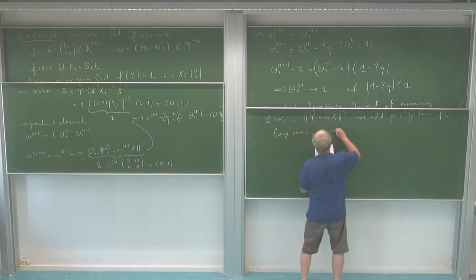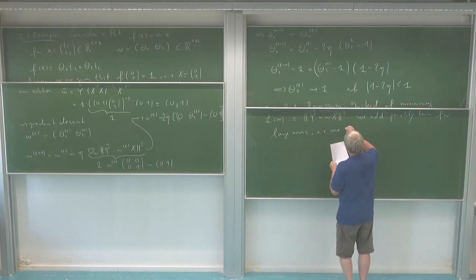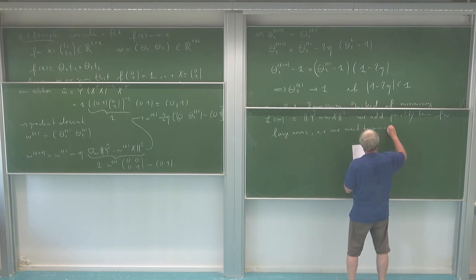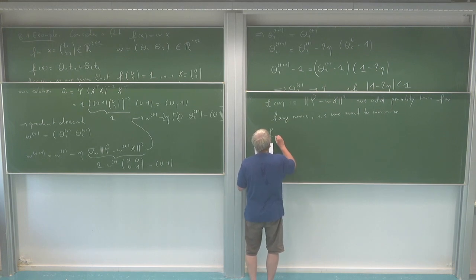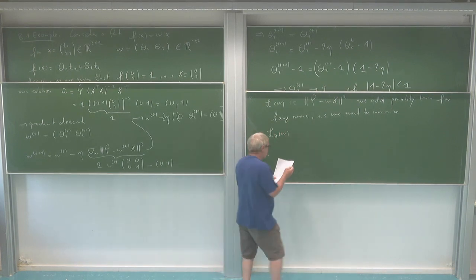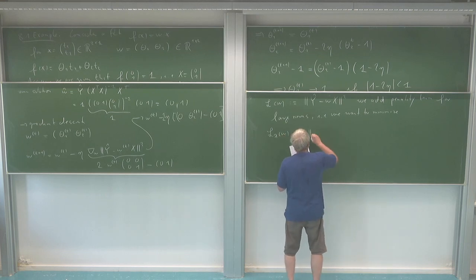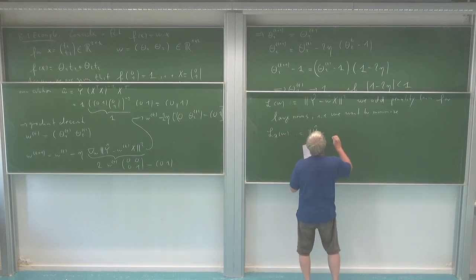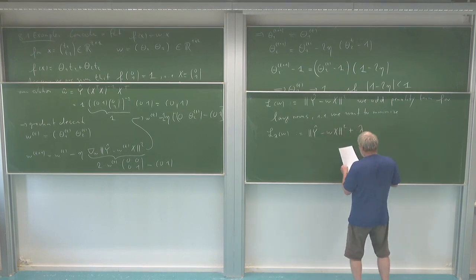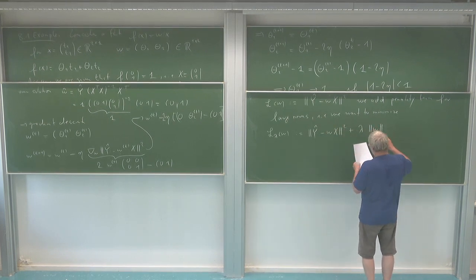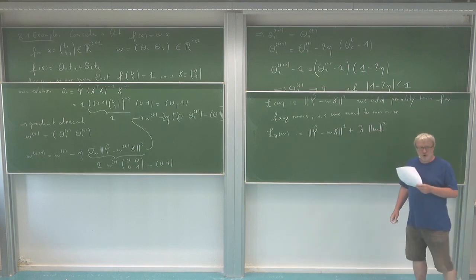And this means, instead of this, we now want to minimize L, and I'm adding a term which depends on lambda. I take the term which describes the equation which I want to solve, but then I'm adding lambda times the square of the norm of w.